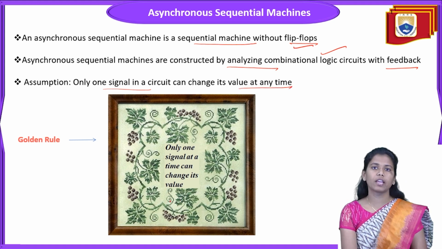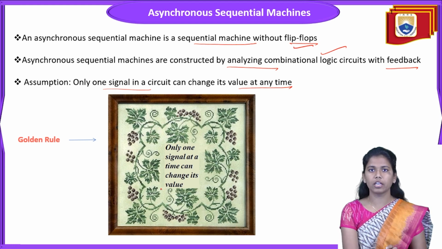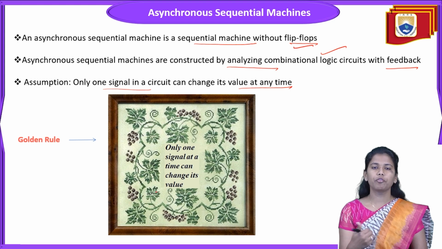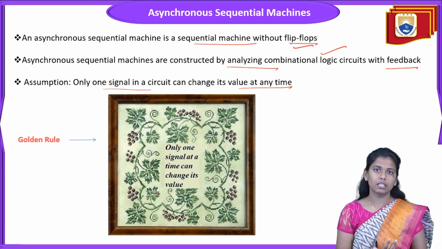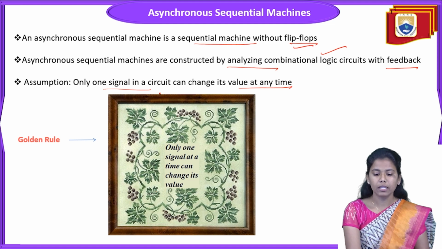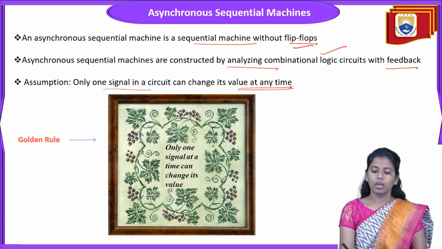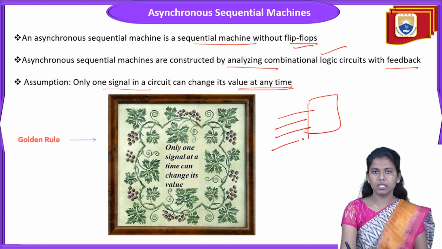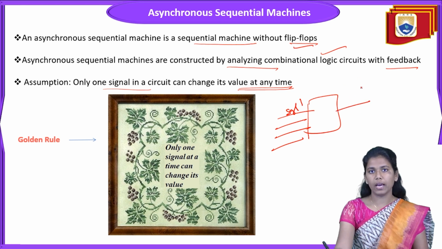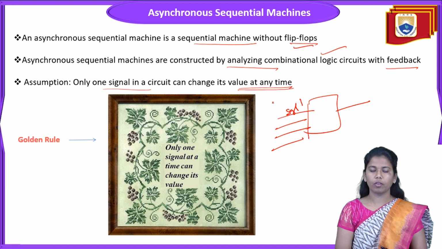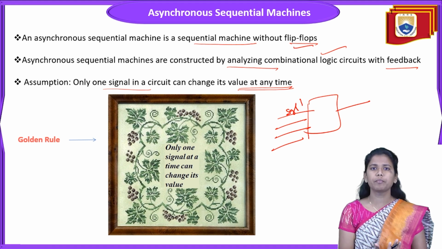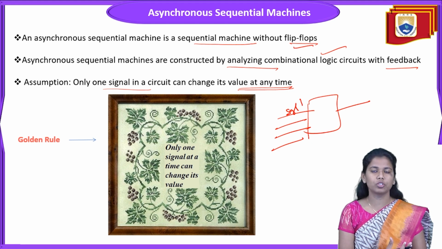For example, in a circuit with multiple signals, only one signal can change its value at any time, not with respect to the clock time. At any time, it can change its value. That is what we are saying, that it is an asynchronous sequential machine.